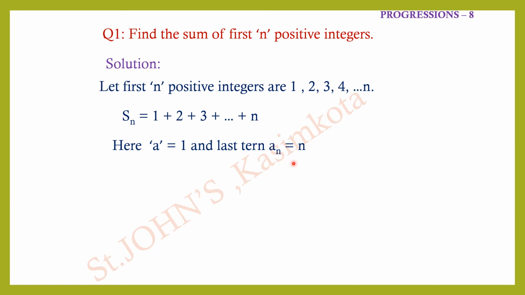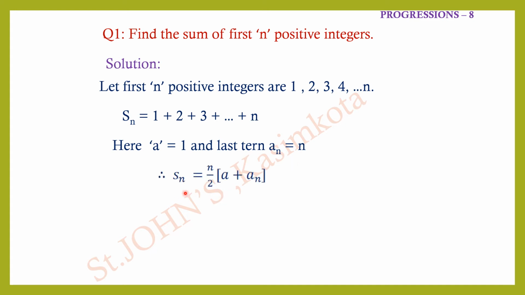Very clear? Now how to apply the formula? Sum of first n terms of AP: Sn equals n by 2 into 2a plus n minus 1 into d, or Sn equals n by 2 into a plus an. Let us write the formula.